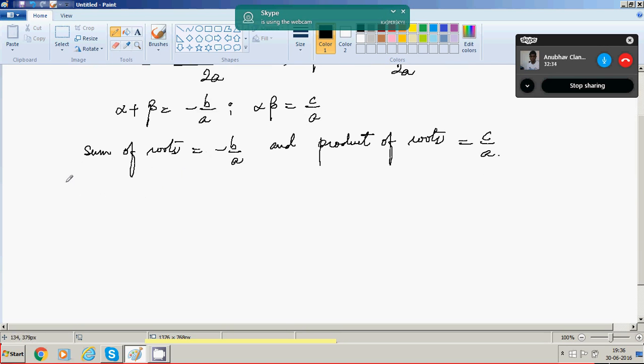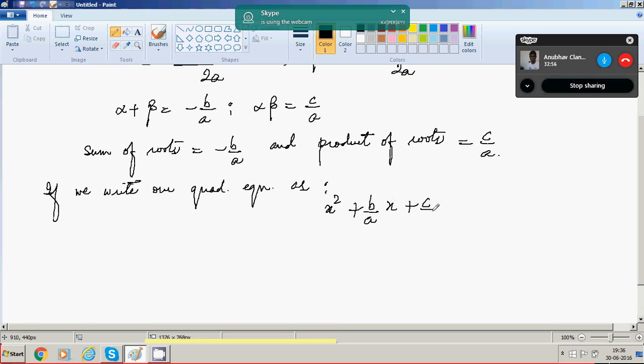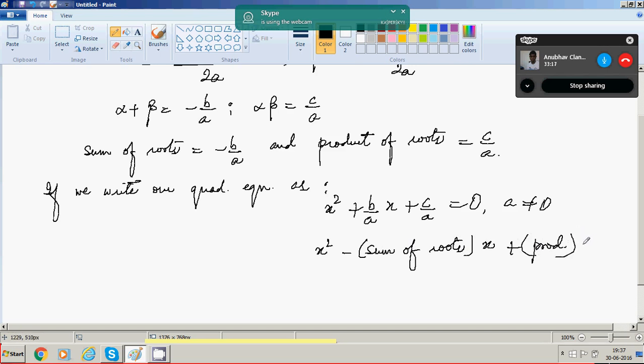So if we write our quadratic equation as x squared plus b by a times x plus c by a equal to 0, a not equal to 0, then it means it is x squared minus sum of roots times x plus product of roots equal to 0.